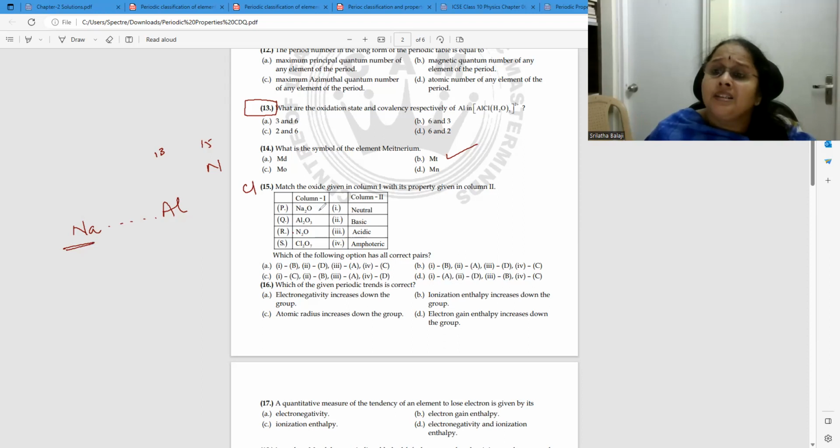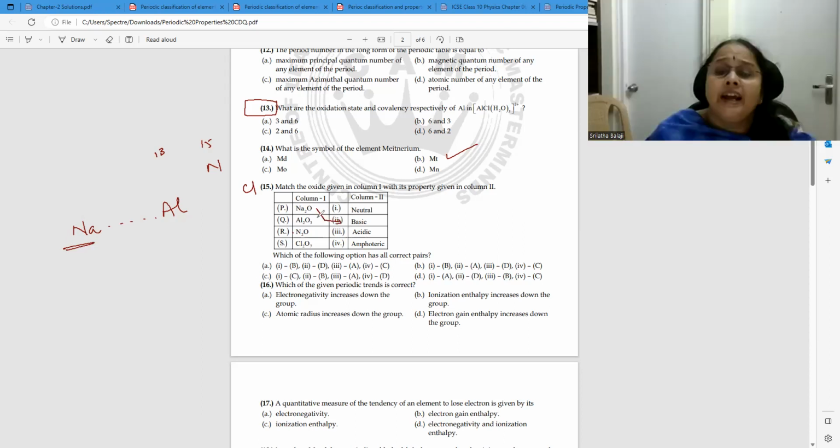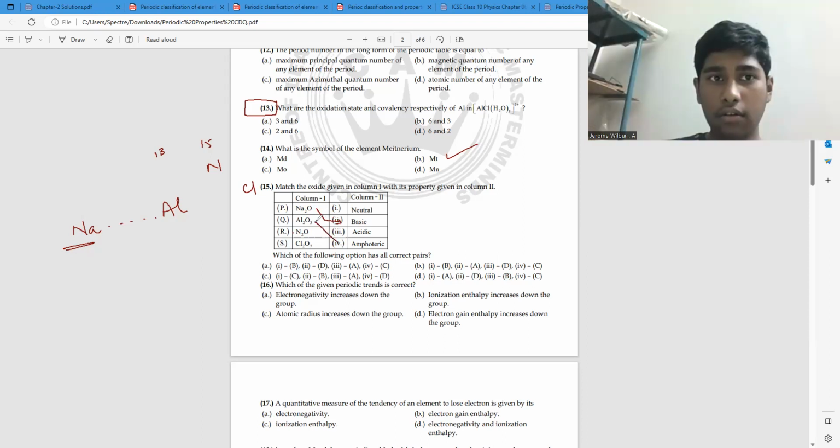Sodium oxide is basic or acidic or neutral or amphoteric? It is basic. So option 2. Al2O3, some time back we did. What is it? Amphoteric.